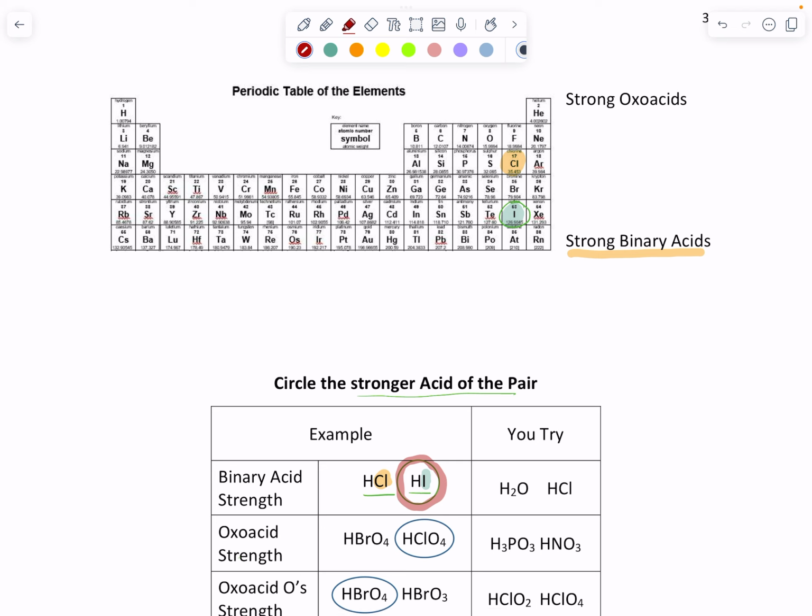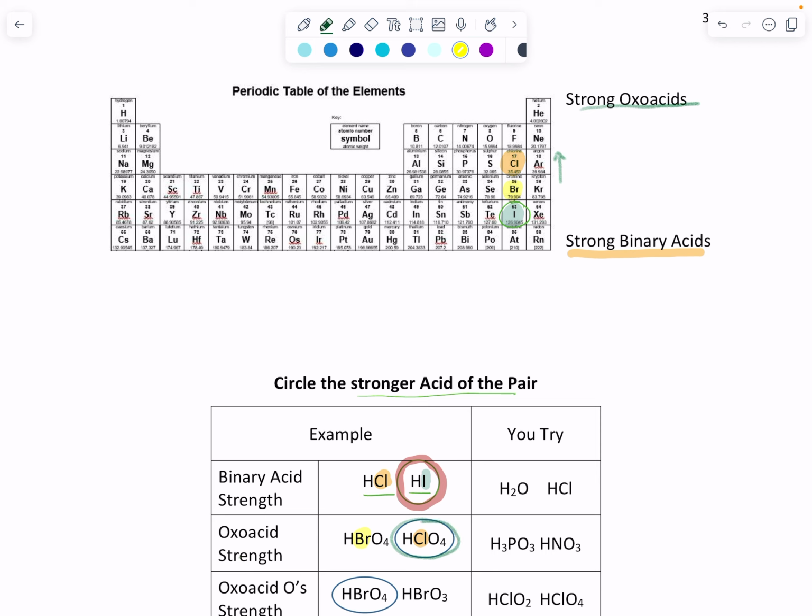Now in contrast, I'm going to color this chlorine right there, and we're going to look at the bromine. So here's my bromine right here. We're going to look at those two. Now the strong oxo acid trend is saying that you need to go up to get your strong oxo acid. So that's why I have this one circled. That's tricky, right?